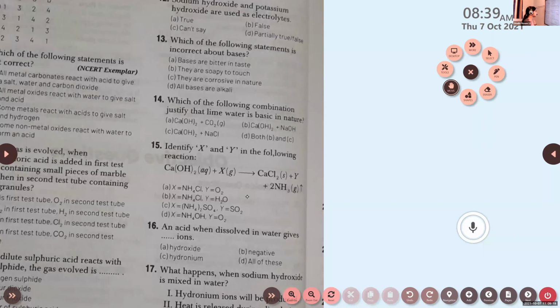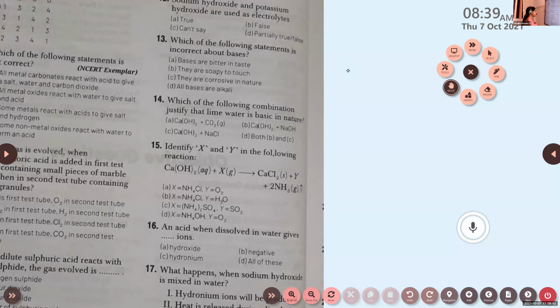Rose, can you read question number 15? Identify X and Y in the following reaction. Ca(OH)2 plus X gives CaCl2 plus Y plus 2NH3.